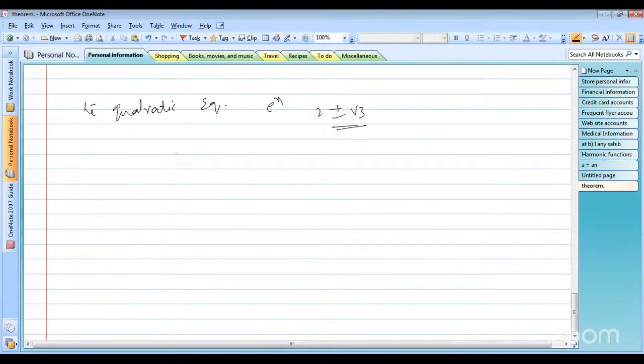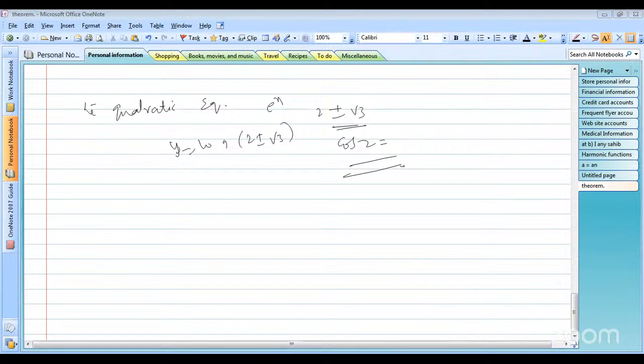So therefore y is equal to log of 2 plus or minus root 3. So what is the cos z value? Cos z value is equal to 2.